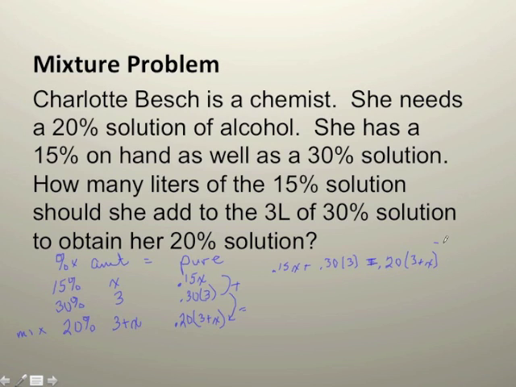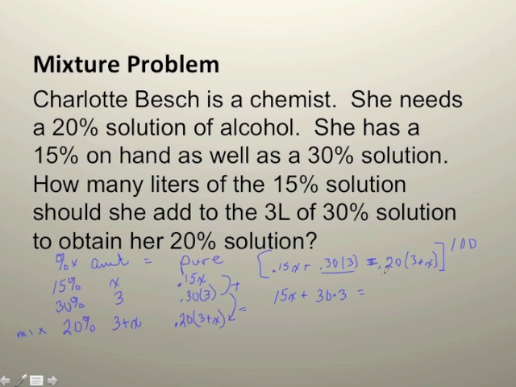Now the first thing I'm going to do is multiply the entire equation by 100. We multiply each term in the equation by 100. So the first term is 15 hundredths x times 100, which is 15x. The next term is 30 hundredths times 3, so times 100, it becomes 30 times 3.